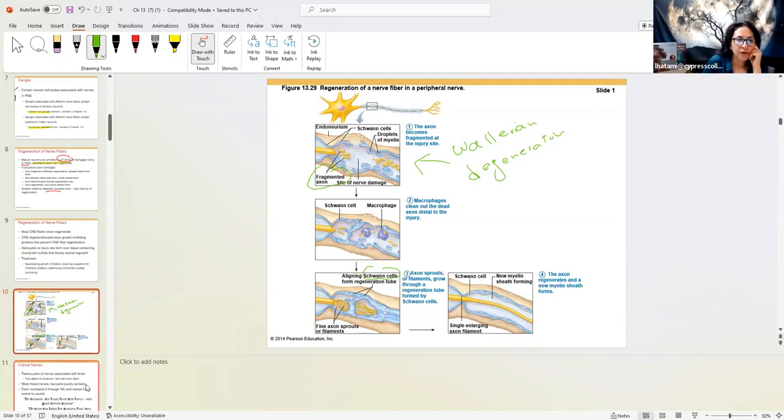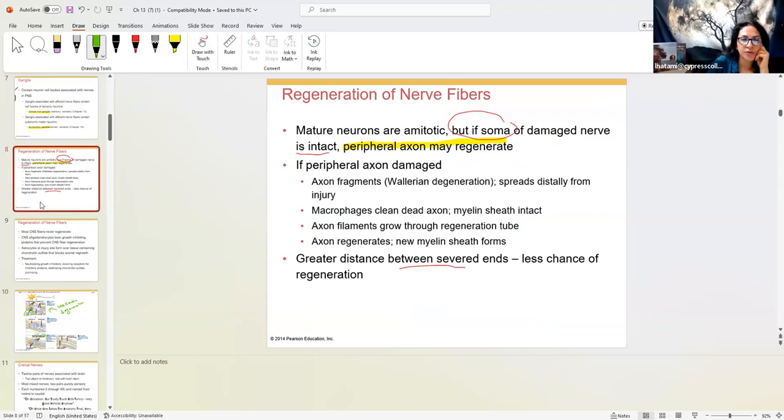So now you have all of this information here. If a peripheral axon has been damaged, the first thing that happens is Wallerian degeneration, which means the axon becomes fragmented distal to the injury site. Then macrophages are the cells involved in regeneration of the nerve fibers; they clean the dead axon.